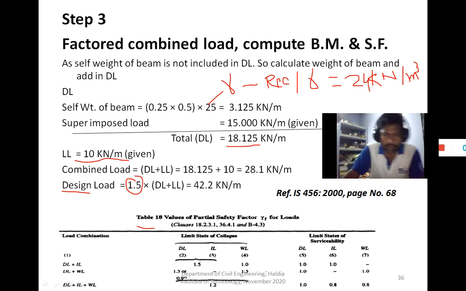What is the load factor for dead load and live load? 1.5 is considered. So 1.5 into the combined dead load plus live load, or imposed load, is equal to 42.2 kilonewton per meter.